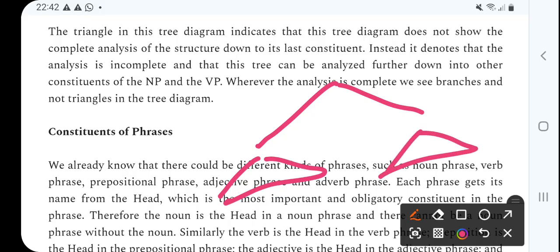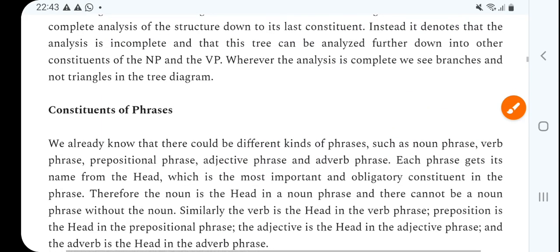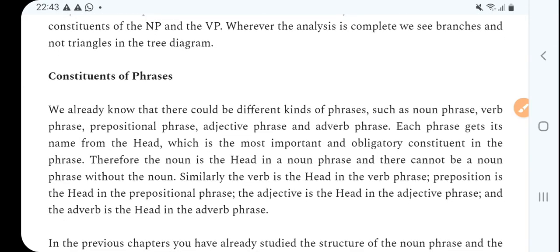So the triangle denotes that the analysis is incomplete and that this tree can be analyzed further down into other constituents of NP and VP.